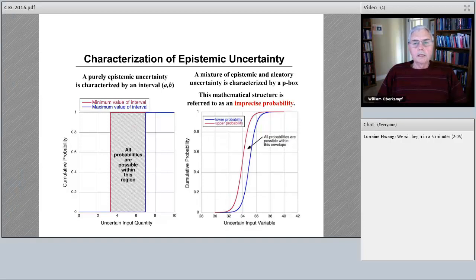That is, purely an interval, there's no likelihood information associated with it. All you can say is that I think I know the minimum value of, suppose it's a parameter, could be an input parameter, and I think I know the maximum value that it could be. And if you represent it as an interval, there's no likelihood associated with it at all.